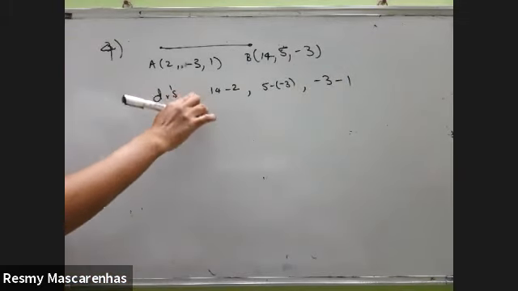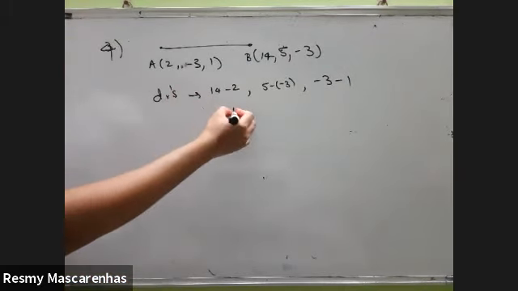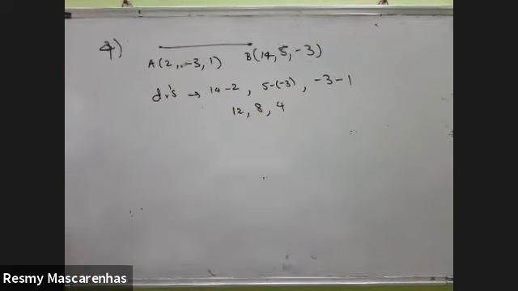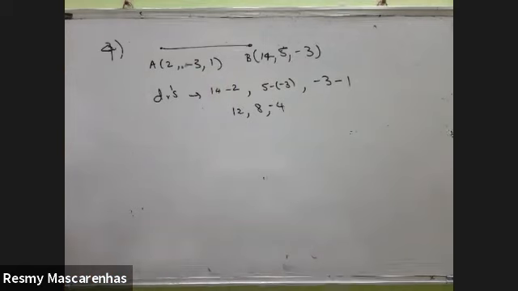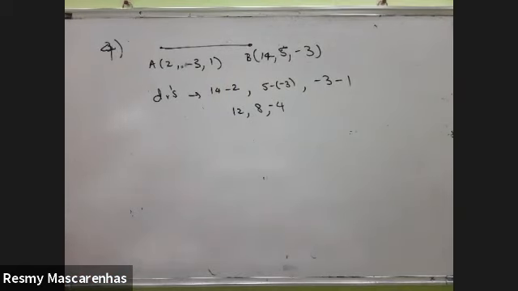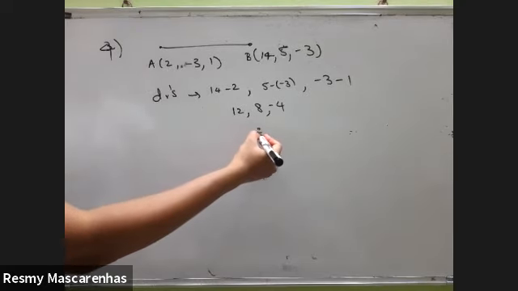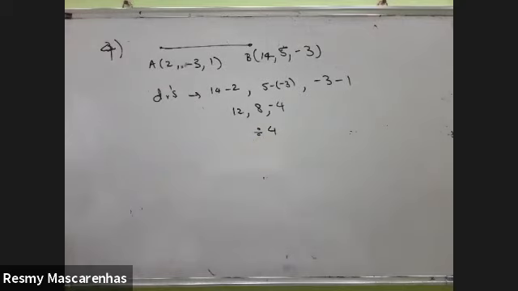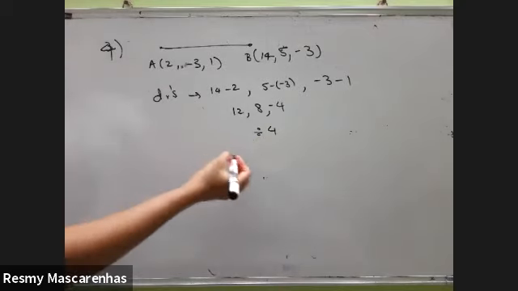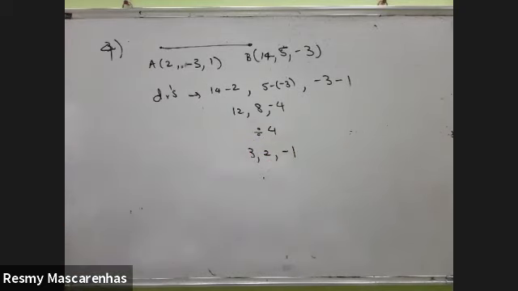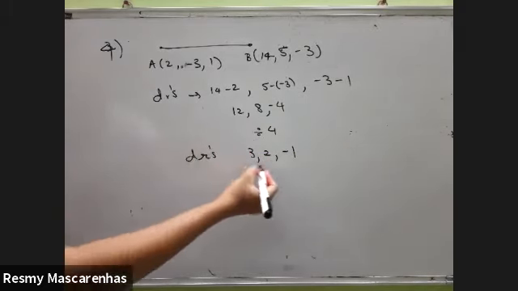So direction ratios are 12, 8, minus 4. Before finding cosines, check if you can divide. You can divide by 4: 3, 2, minus 1. These are your final direction ratios after simplifying.